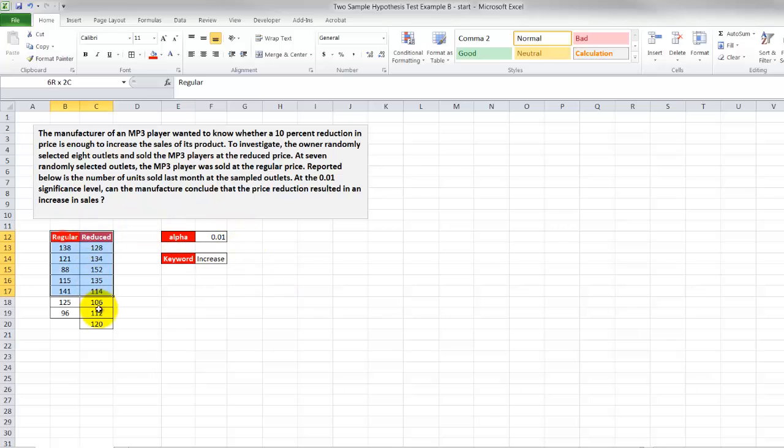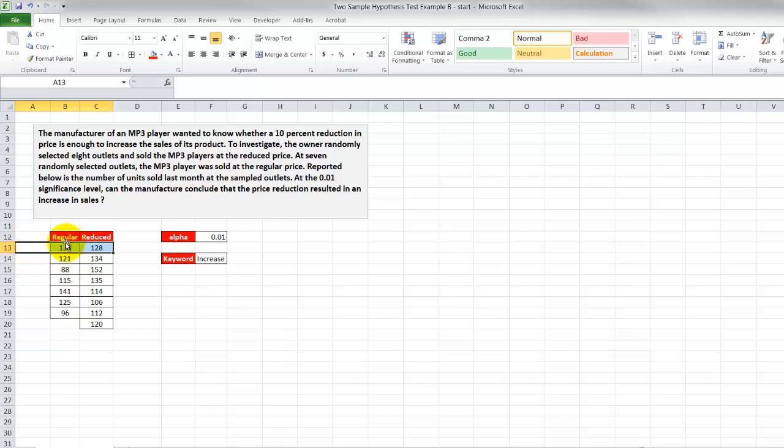Now, one thing about the samples here, I immediately look and say, hey, there's one less regular than reduced. That's a dead giveaway that we're not talking about a paired test, or a situation where the rows are paired to some sort of attribute, maybe a person, a room, or a city.